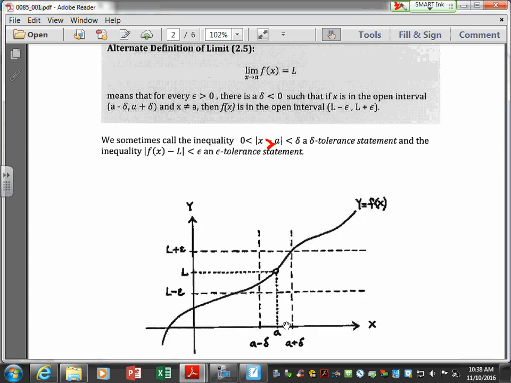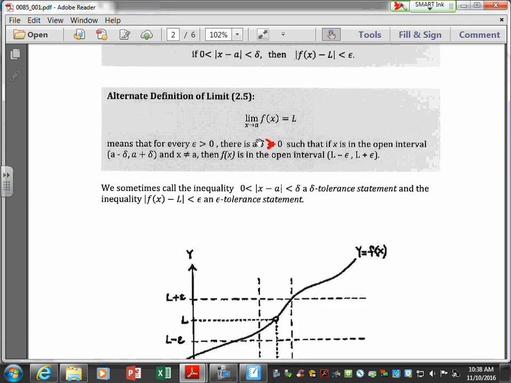We can see that here. This alternate definition is really visual. And f of x is in the open interval from limit minus epsilon to limit plus epsilon. So it's just two different formats. Please correct the typo: delta should be greater than 0.